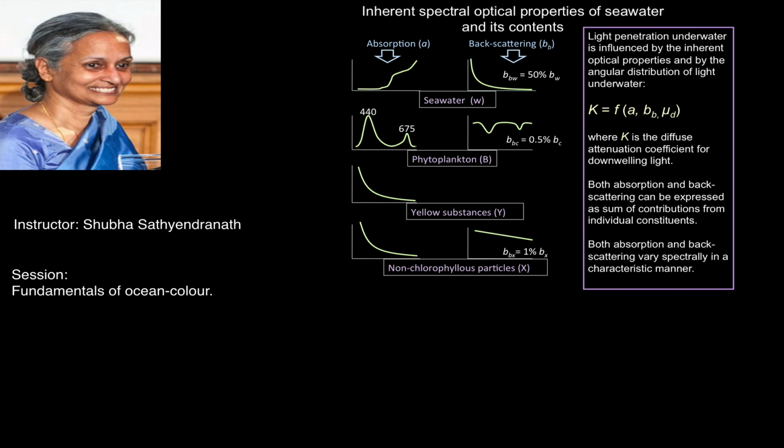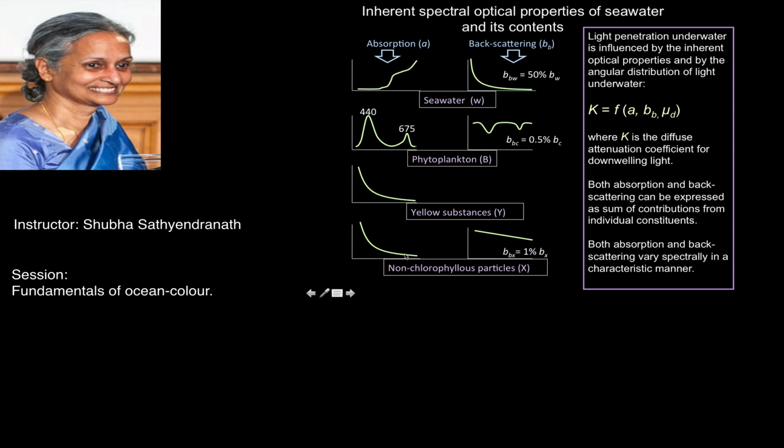So whereas ocean color deals with light that's leaving the ocean, attenuation coefficient deals with light that is going down, and it depends on the same properties, absorption and backscattering, which you can split into its components: absorption by pure seawater, absorption by phytoplankton, yellow substance, and so on.